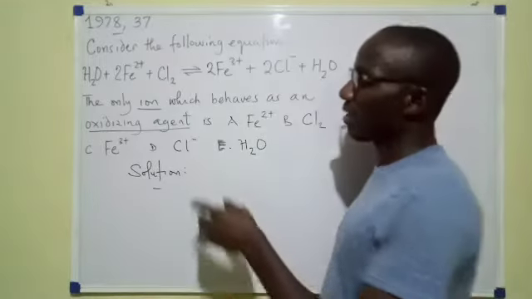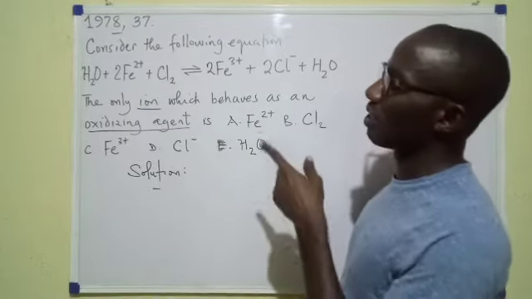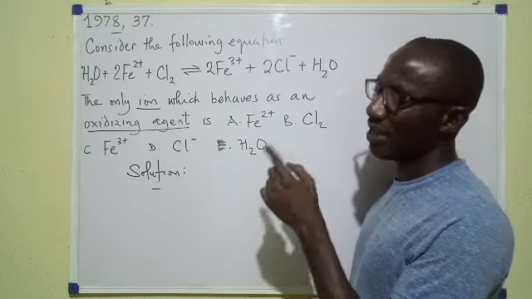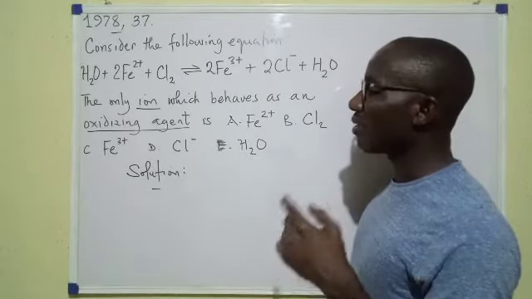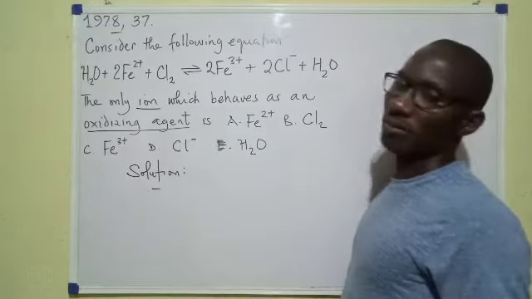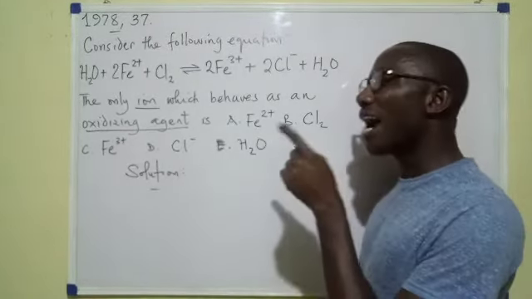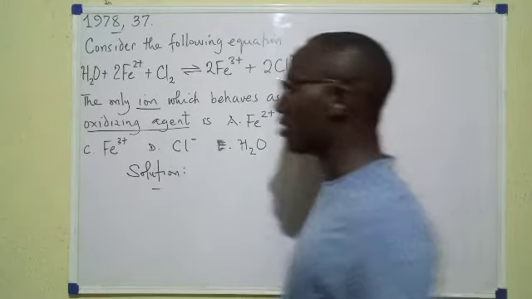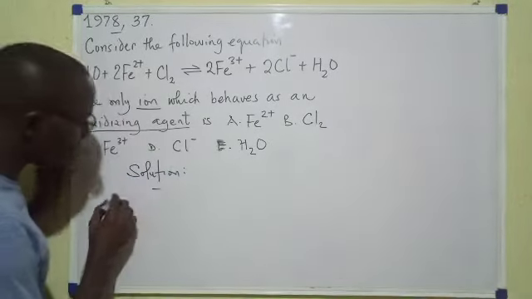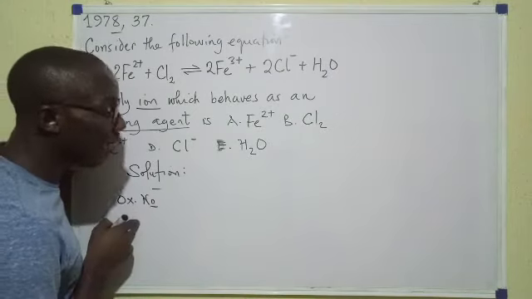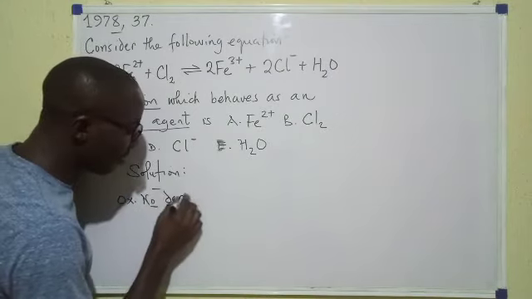So when we are asked here, which of these ions can behave as an oxidizing agent? That is another way of saying which of these ions can be reduced. And for an ion to be reduced means that the oxidation number of that ion must decrease.